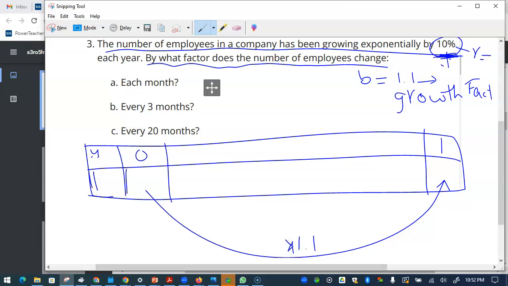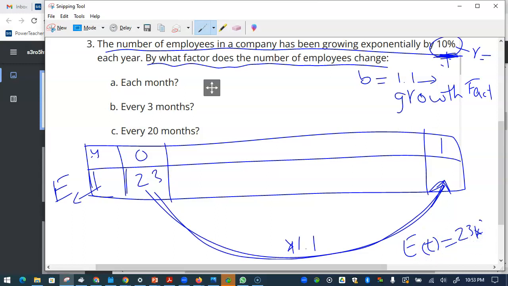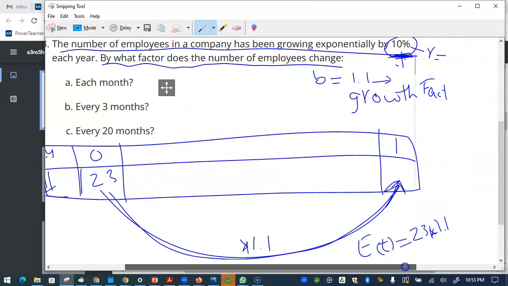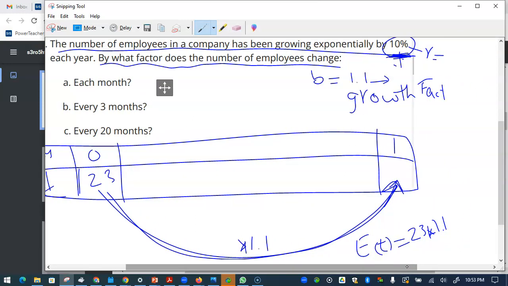Let's say if the employees were 23, you're multiplying 23 by 1.1 and you get year 1. So if it is a year, the formula for the number of employees, E stands for employees, I can write E of T and then it is in the beginning 23 times 1.1, because that's the factor, right? 1.1 raised to T. You can put T or small t. I'll put a capital T. T stands for number of years.